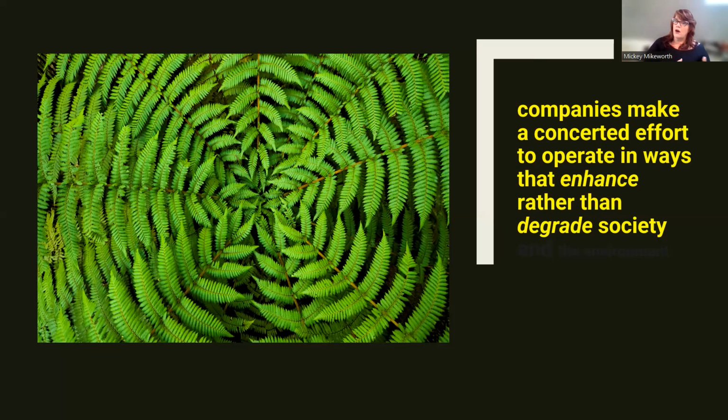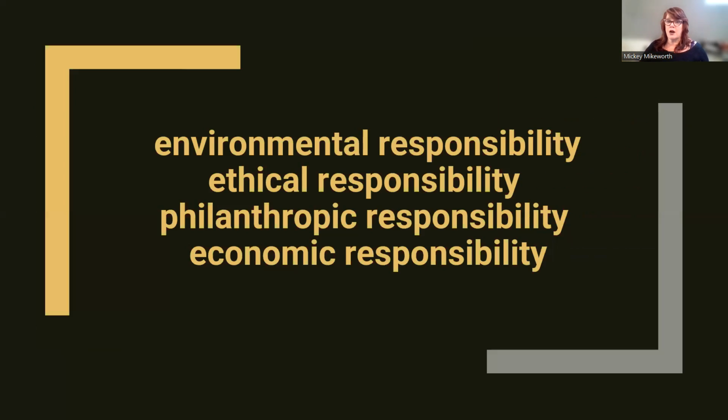So companies are really there to, that's kind of the oath that all of the Fortune 2000 have made, is that they will make a concerted effort to operate in ways that enhance rather than degrade. And so I think sometimes that's the easiest way to talk about it. We talk about social responsibility, we talk about it as responsibility. So social investment is also environmental, ethical, philanthropic, and economic responsibility.